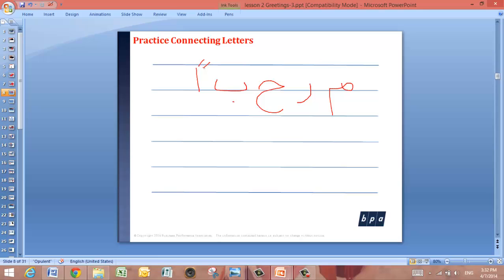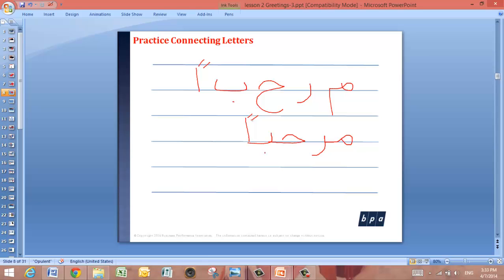And the way you connect these letters is meme takes its front shape without the rest, the bottom part. The ra keeps its shape. The ha, only the top part is written. Then the ba with a dot in the bottom, and then alif with fathatain on it.